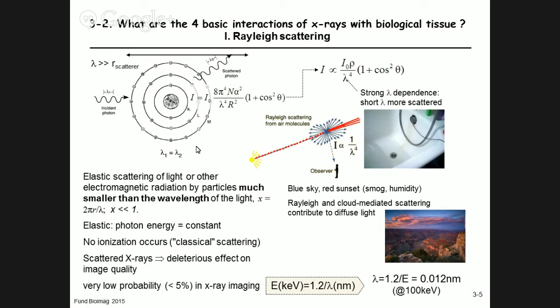And we had the requirement here that the size of the scatterer should be much smaller than the wavelength. So there's actually nothing in X-ray at these energies that is small enough to produce Rayleigh scattering. The atoms are too big, so that's why it has a very low probability for imaging.